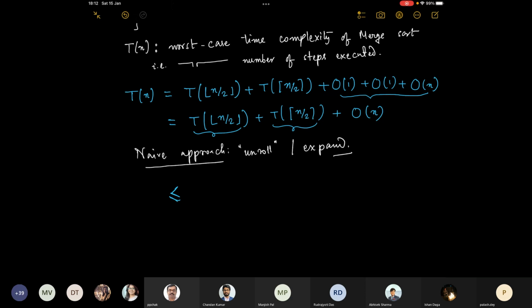If I'm looking for an upper bound, then I can replace T of floor of n by 2 with T of ceiling of n by 2, with a working assumption that the number of steps will increase if the array size increases. So I replace T of floor of n by 2 with T of ceiling of n by 2.